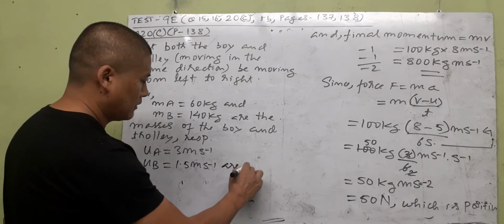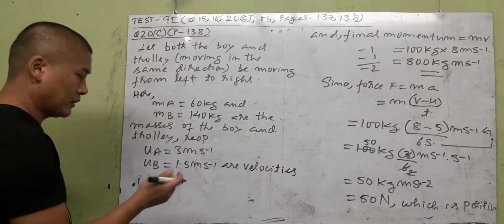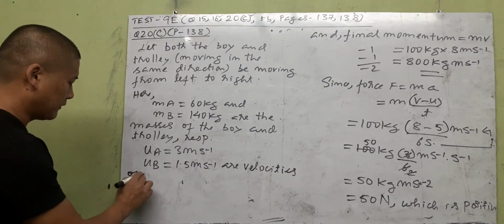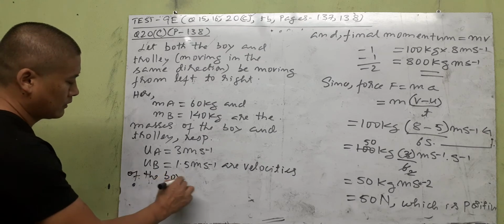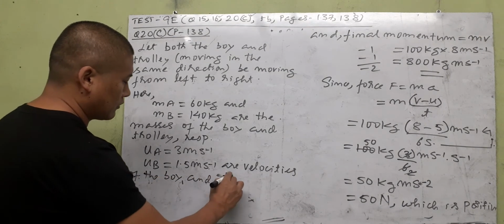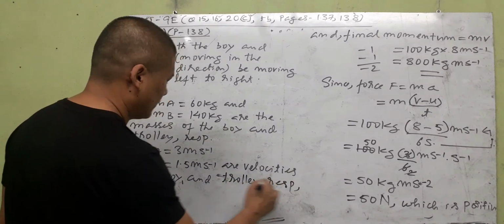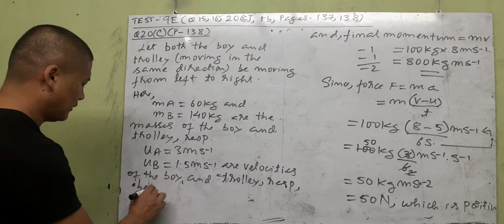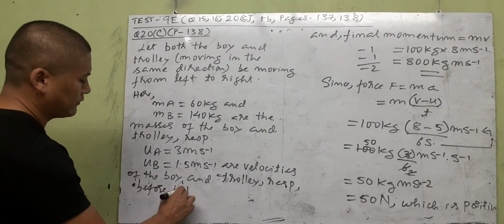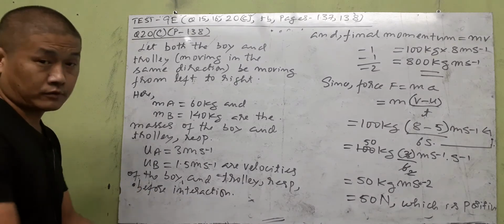Are velocities, or you can write initial also, up to you, of the boy and trolley respectively before interaction, meaning before the boy jumps on the trolley, before the boy touches the trolley by jumping on it.